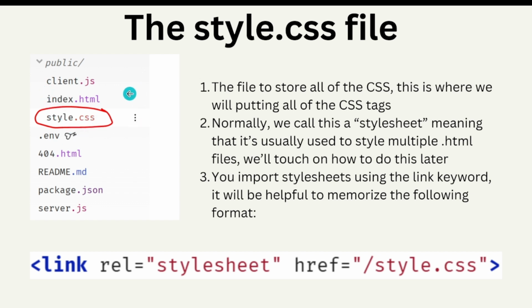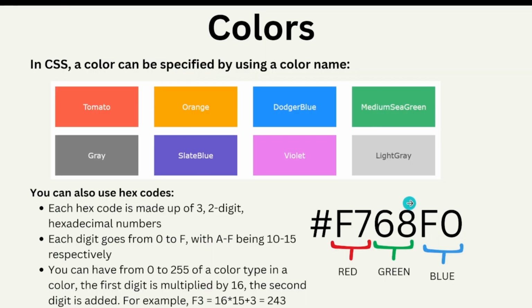And it will basically tell the HTML file, hey, this is the style.css file, and we want to load all these changes onto the website and update them with the colors, fonts, and all the rules that we have in the style.css file.